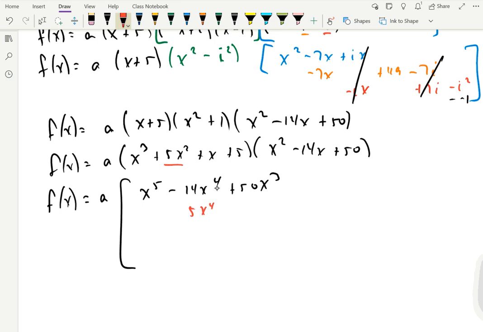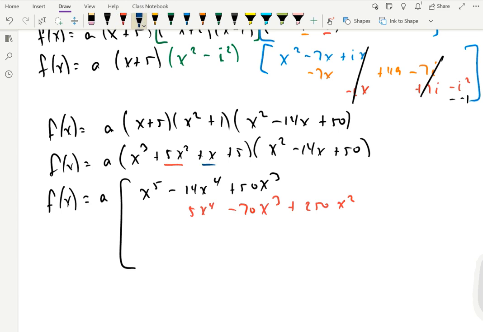So align those up in the x to the 4th column. 5x squared times minus 14x is going to be an x cubed. See, 5 times 10 is 50. 5 times 4 is 20. 50 and 20 is 70. And that's negative. So we've got negative 70x cubed. And let's see, that's 5x squared times that 50. That's going to be 250x squared.